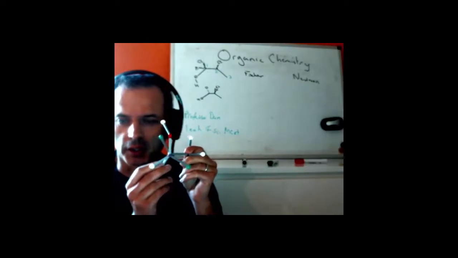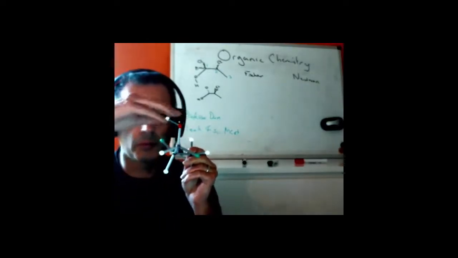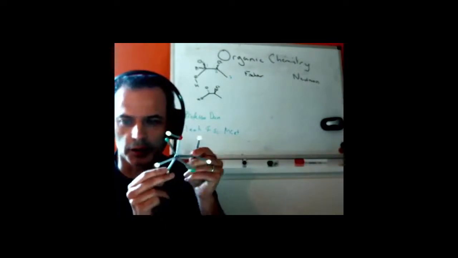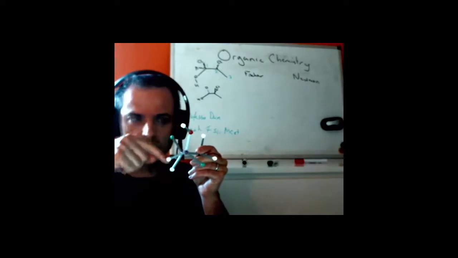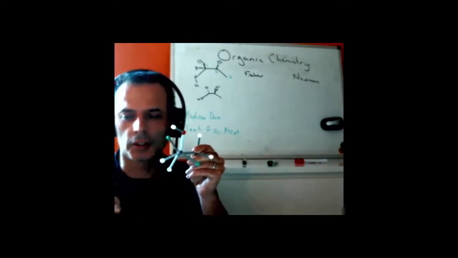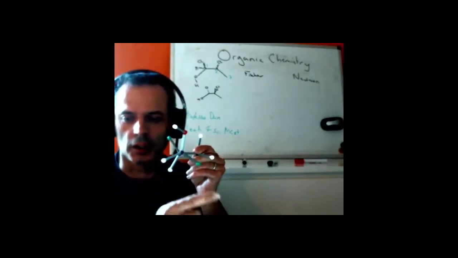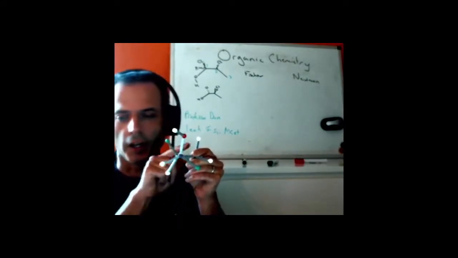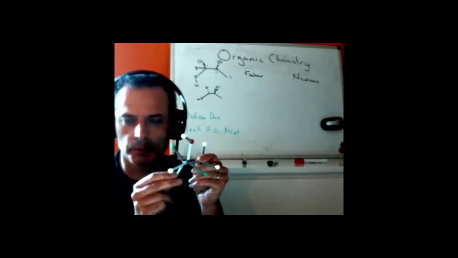We will put the OH group upwards. It's really difficult to organize because it's backwards to me. We've got a hydrogen coming towards you and a chlorine coming towards you, and then going away from you is this chlorine, this hydrogen, and this methyl group in my hand.